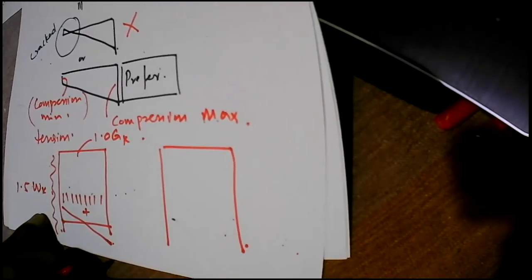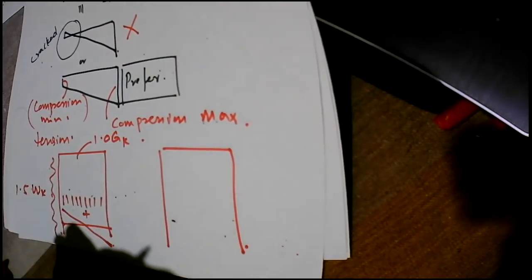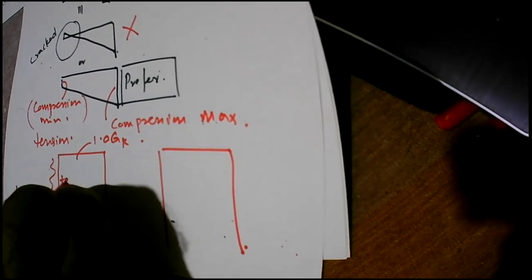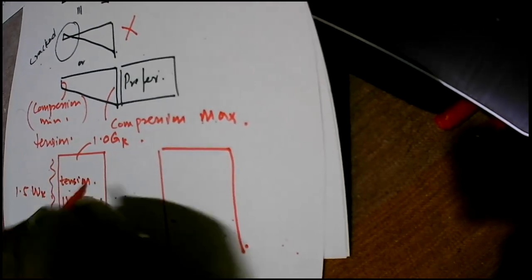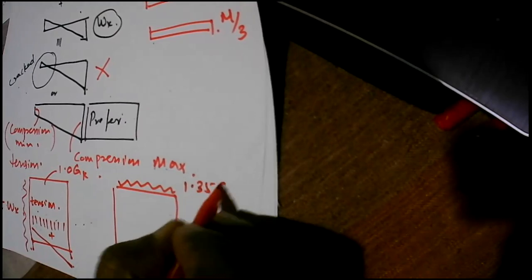So we actually want to see whether this occurs. So what we do is we apply the maximum wind load on this side and the minimum vertical load, and this is applicable only to the tension side but not applicable to the compression side. For the compression side, we have to make sure we get 1.35 GK and the maximum load 1.5 WK. So this is how you have to look at it, and this will give the compression.